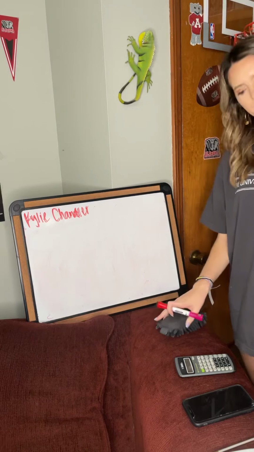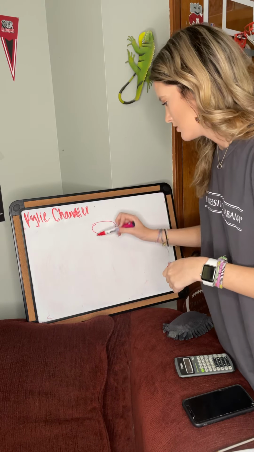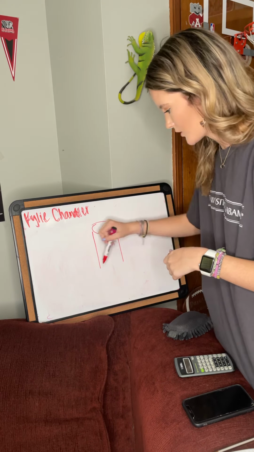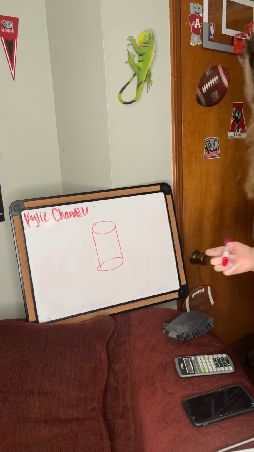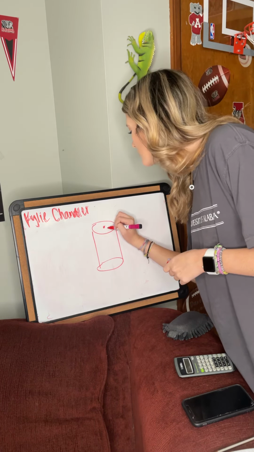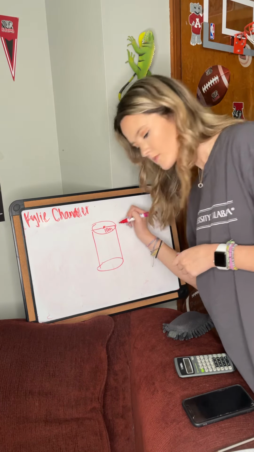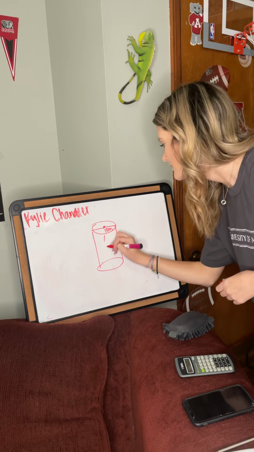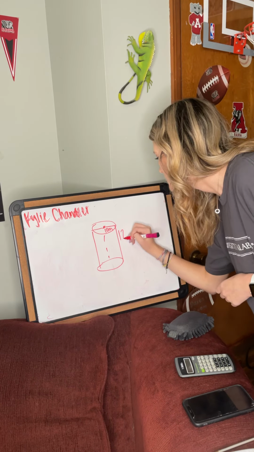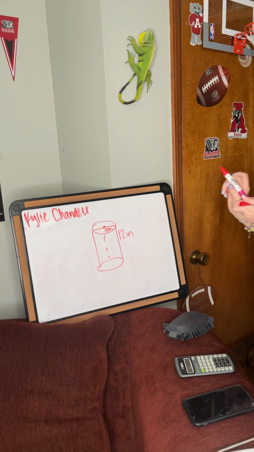Okay, so like last time, we're just going to draw a circular cylinder and give you the diameter of 10 inches and a height of 12 inches.